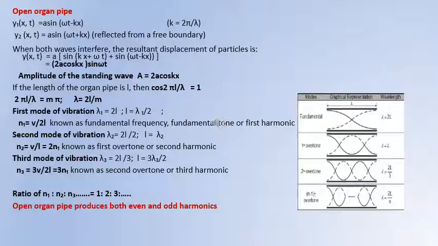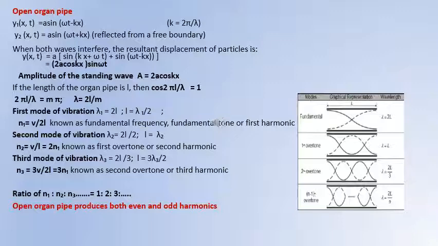Now, in the first mode of vibration, m is 1, so we get lambda 1 is 2L and L is equal to lambda 1 by 2. Using the same method as earlier, that n is equal to v upon lambda, we get n1 is v upon 2L, which is the fundamental frequency, or the first harmonic.